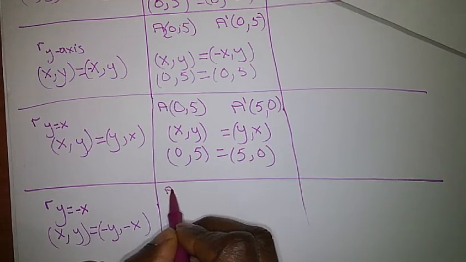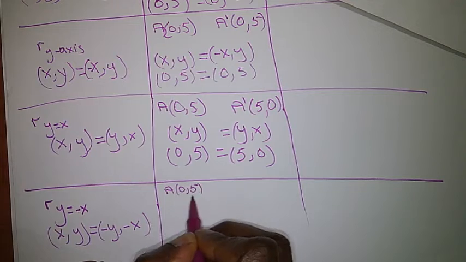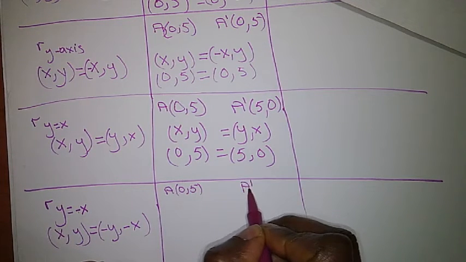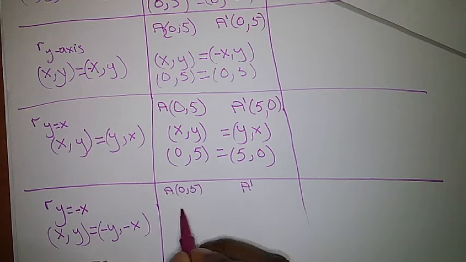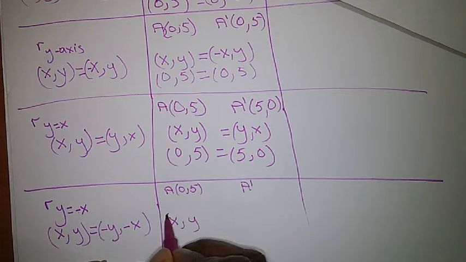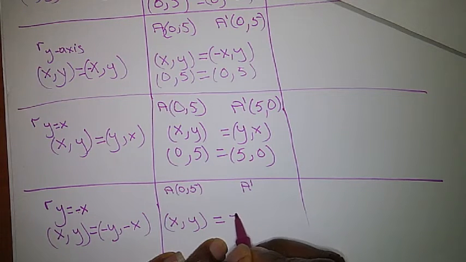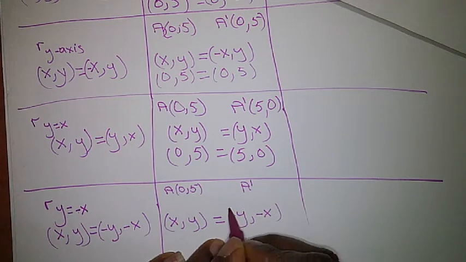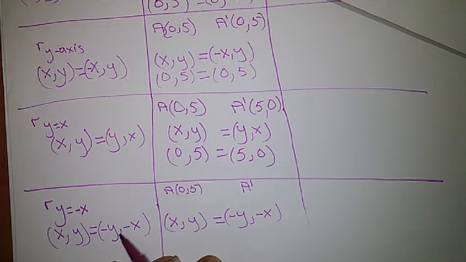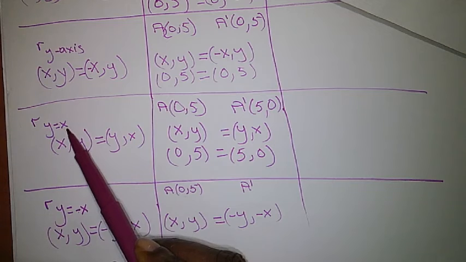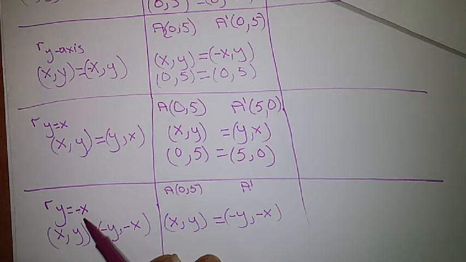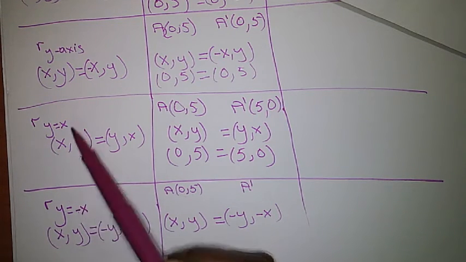I'm going to use the same point again, and I need an image for my pre-image point. If you notice this rule and the previous one, my x value here is positive, and on this line it is negative.